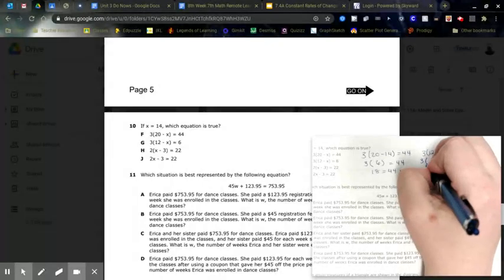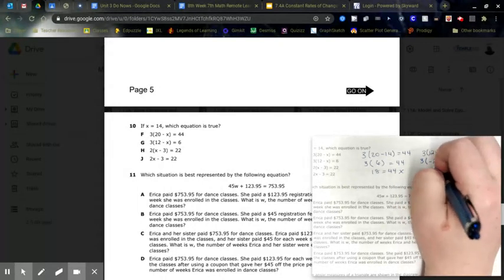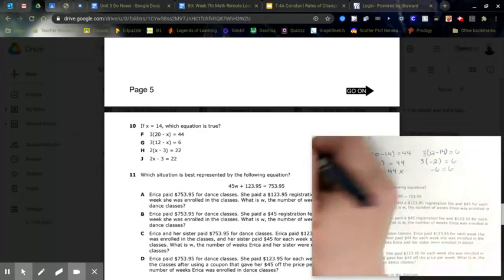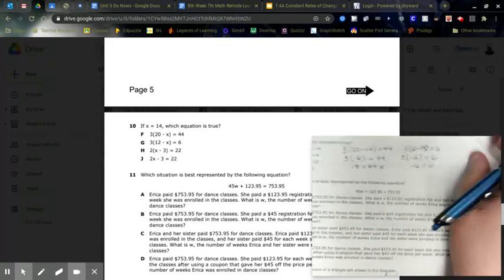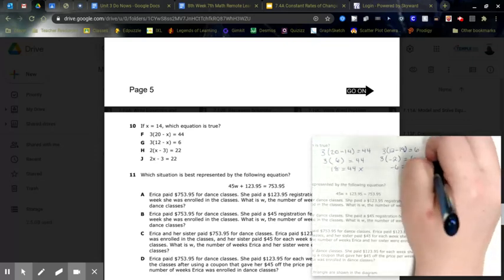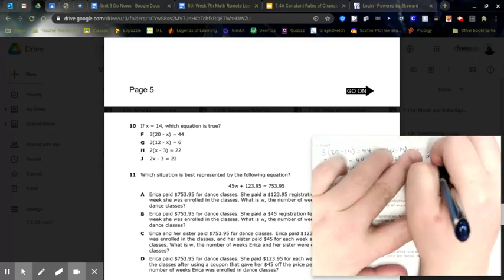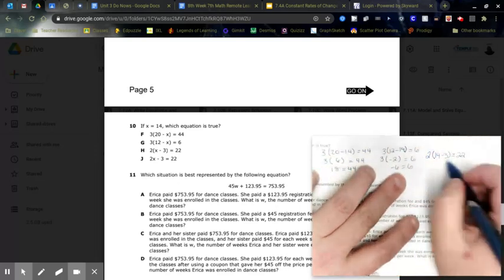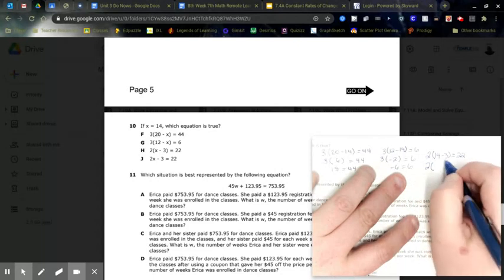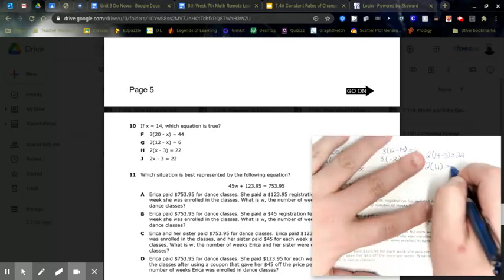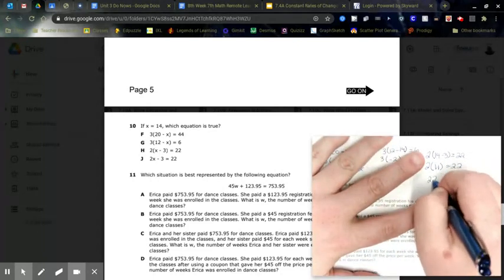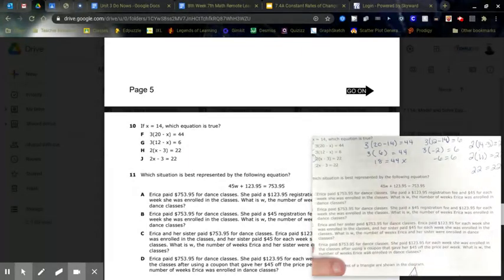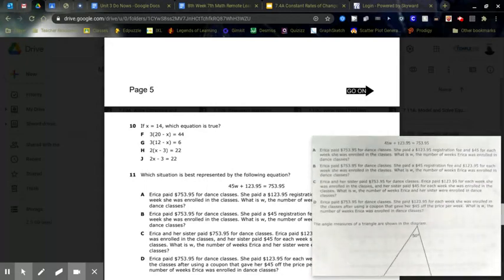That's negative 6 equals 6. Does negative 6 equal 6? No, that's not right. So let's do another one. 2 times x minus 3, which is 2 times 14 minus 3, is 2 times 11, which is 22. Does 22 equal 22? Yes. So it's H.